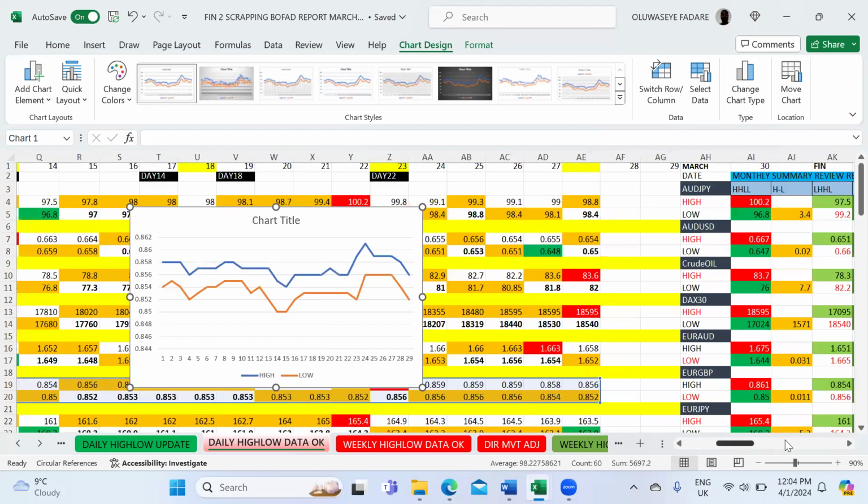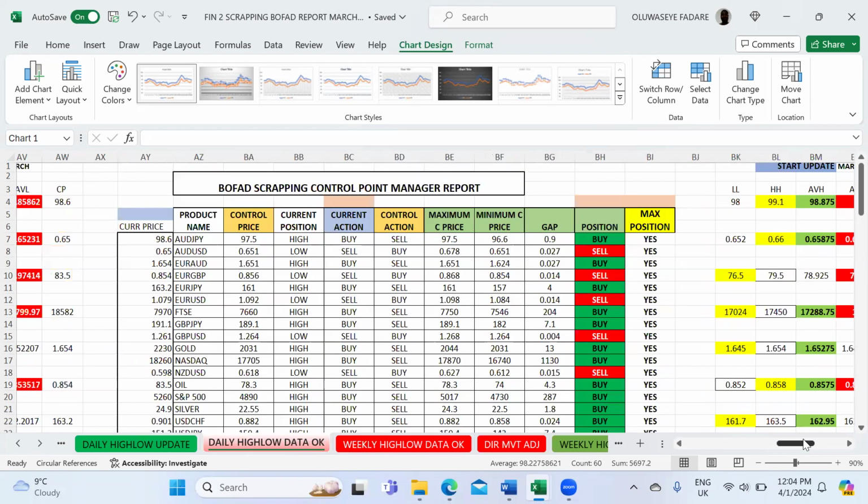And also, you can see here, we have decisions, we have max positions here. We have positions, we have decisions. So what it is trying to tell us is that if our position is in line with our direction for the month, then it's a yes. Okay, so for this AUDJPY, it's a buy, yes.